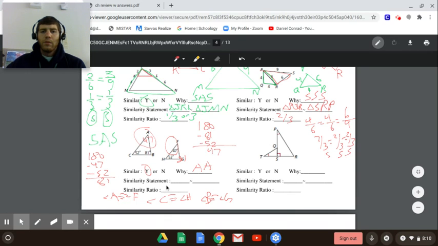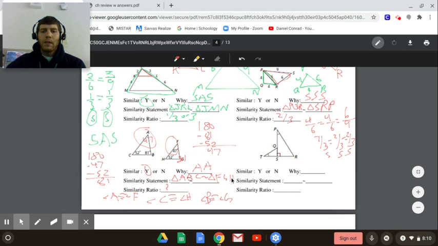We don't know the similarity ratio because we don't know the sides, but then we can do our similarity statement. ABC is similar to triangle FGH.